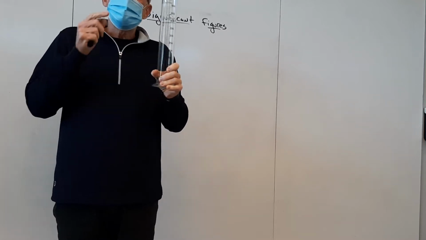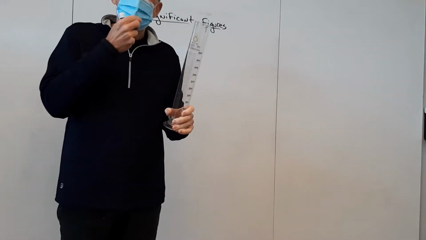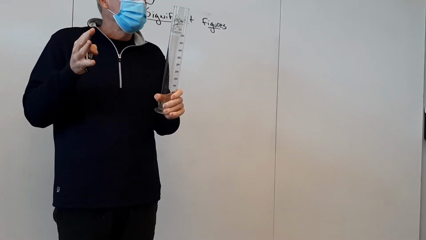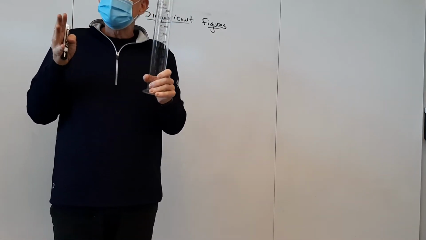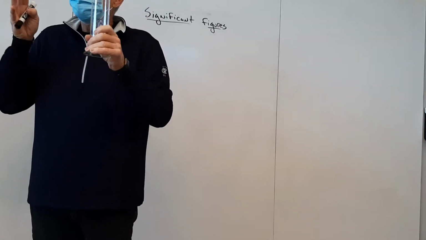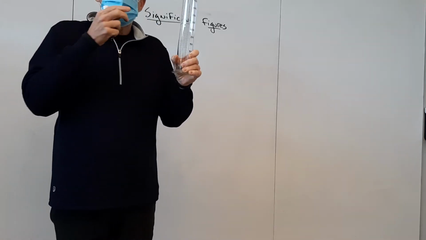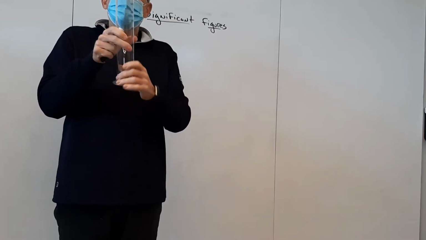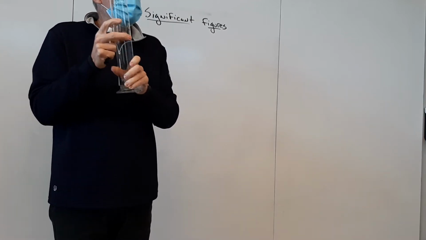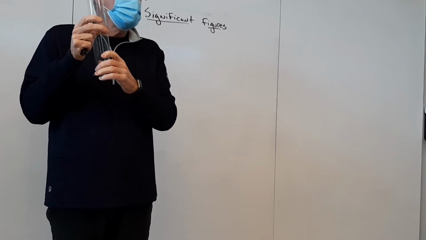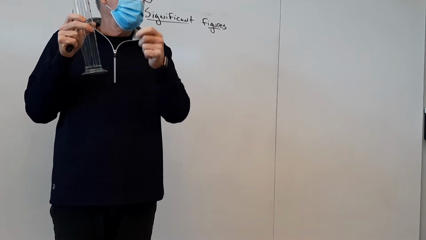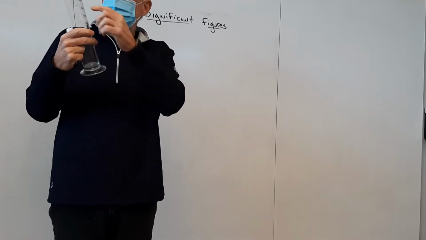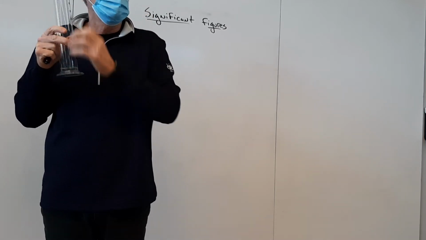Significant figures tells us how precise the reading is that you've been taking. So I can't use the big cylinder and confidently say that I'm within 1/10 of a milliliter, because each one of these lines represents 10 milliliters.